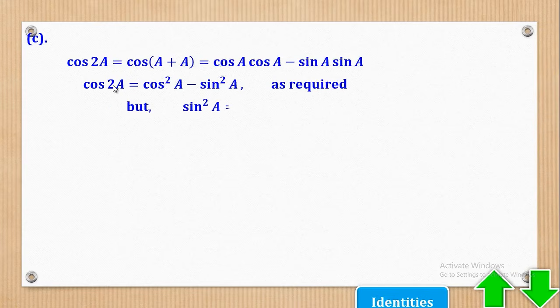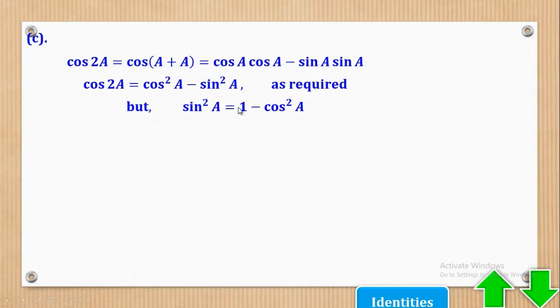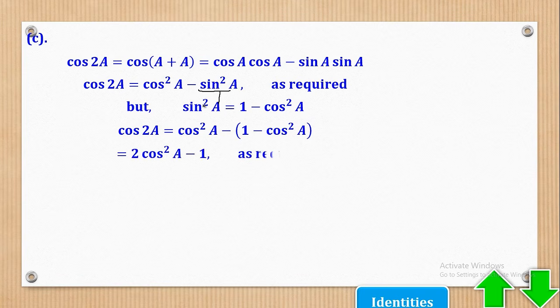Now for the second part of the proof, we shall use the very identity you have seen here, that cos squared A plus sine squared A is equal to 1. When I make sine squared A the subject, it becomes 1 minus cos squared A, and I substitute it here. Substituting for sine squared A, I come up with this, and when I open brackets, it becomes that, and this is what was required.